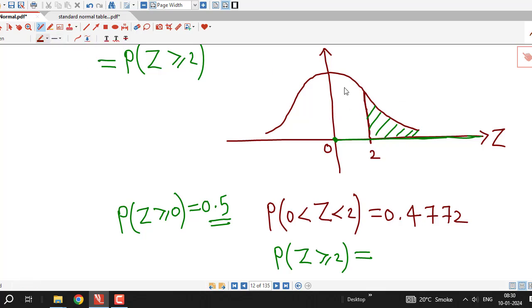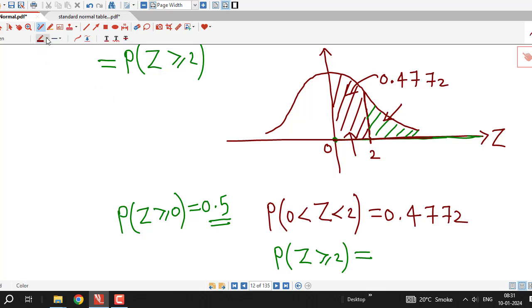area between 0 and 2 is given as 0.4772, and total area to the right side of 0 is 0.5. So this area can be obtained by subtracting this area from the area to the right side of 0, which is 0.5.